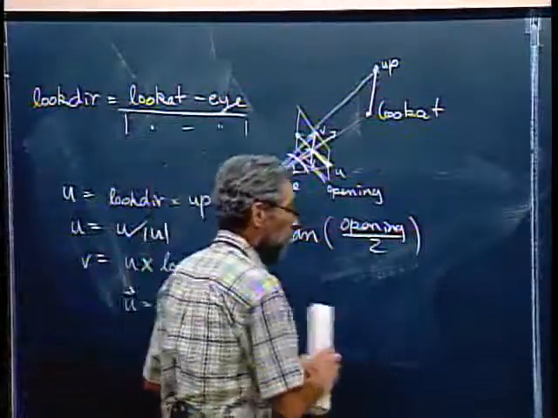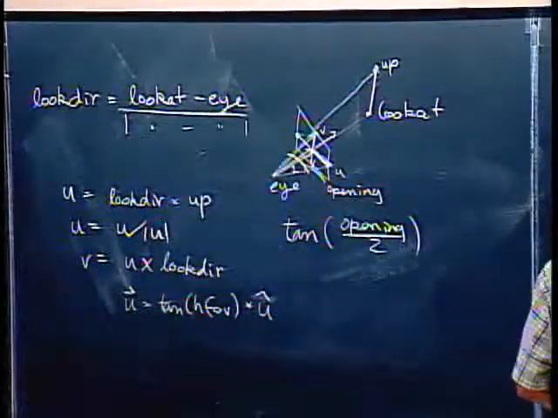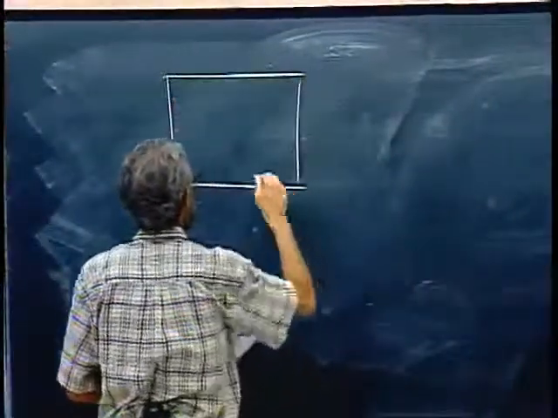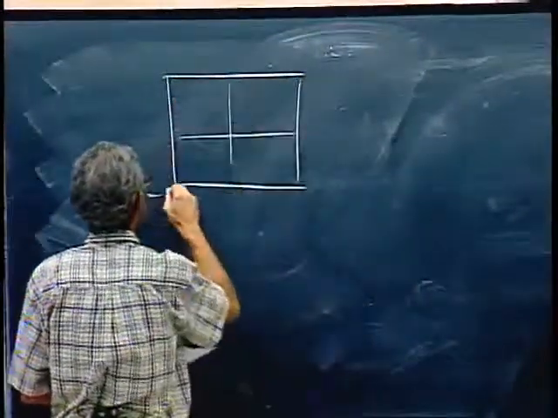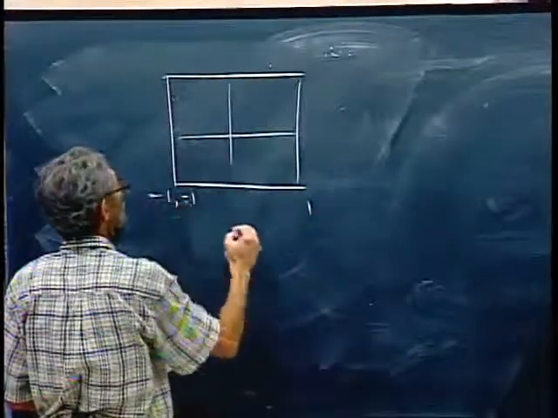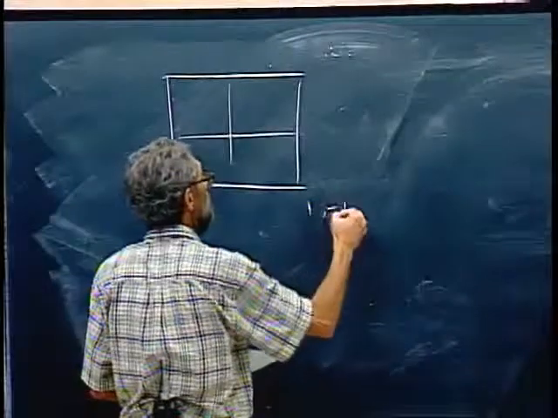And then once you've got all those vectors, you can find how to spread out a normalized device coordinate screen, which is a square going from -1 to 1 in x and y. So this is -1, -1. This is 1, -1, and so on.